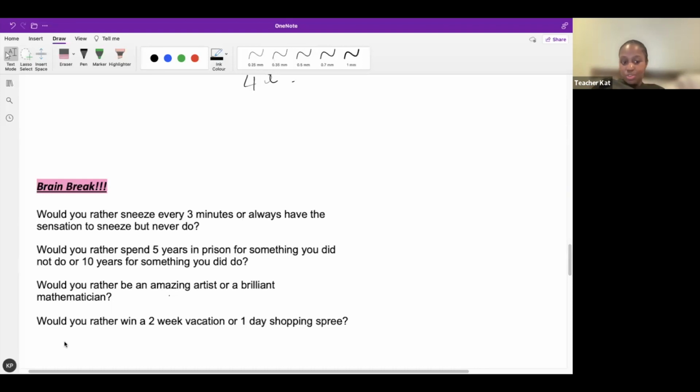And the last one, would you rather win a 2-week vacation or a 1-day shopping spree? I would rather go on a shopping spree where I can buy plane tickets and pay for my vacation.